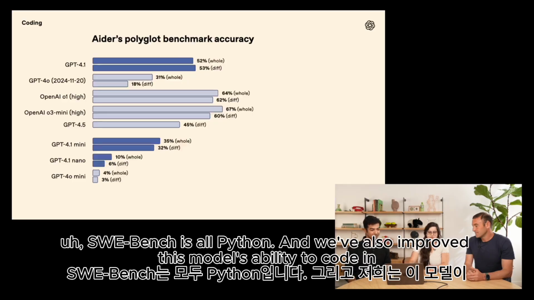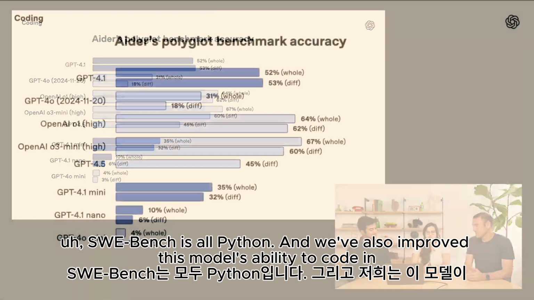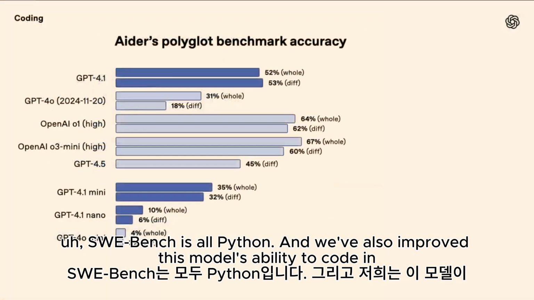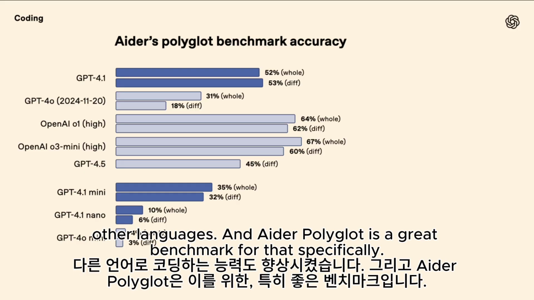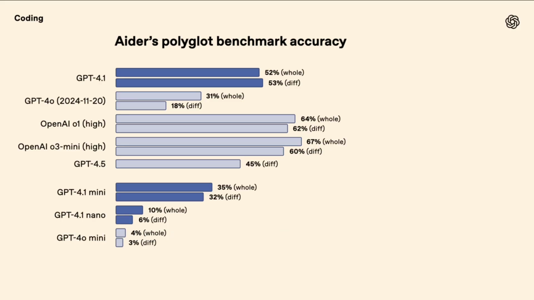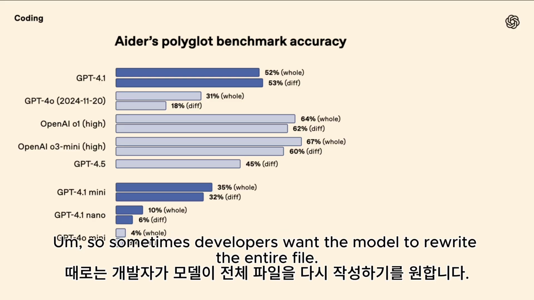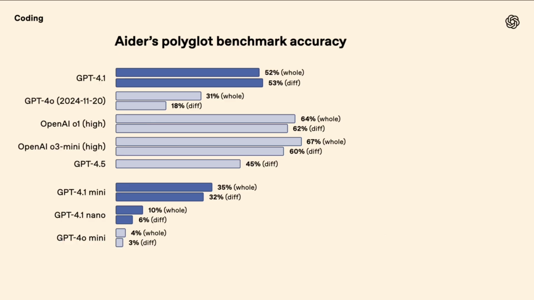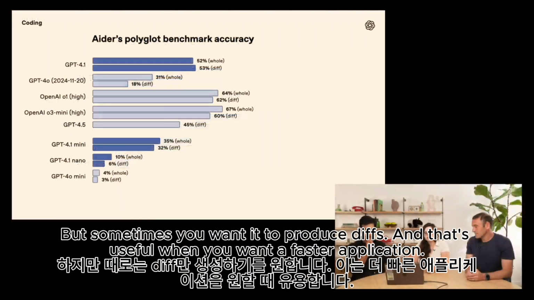But SWE-Bench is all Python. And we've also improved this model's ability to code in other languages. And Aider Polyglot is a great benchmark for that specifically. It's got a bunch of languages. But also what's cool is that it's got a whole and diff format. So sometimes developers want the model to rewrite the entire file, but sometimes you want it to produce diffs. And that's useful when you want a faster application.